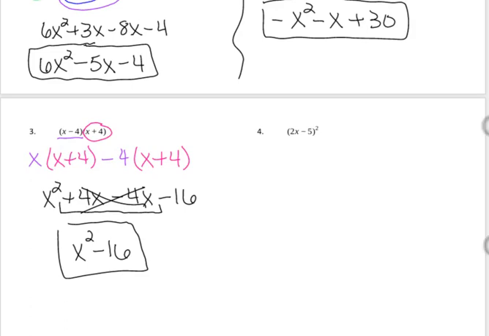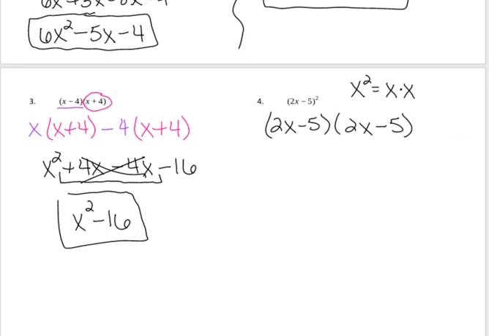Now remember, anytime we have something squared, that means we did x times x. So if we have 2x minus 5 squared, that means we're going to have to do 2x minus 5 times 2x minus 5. And now we're going to do exactly what we've been doing. So let's go ahead and we're going to do one more example with FOIL.